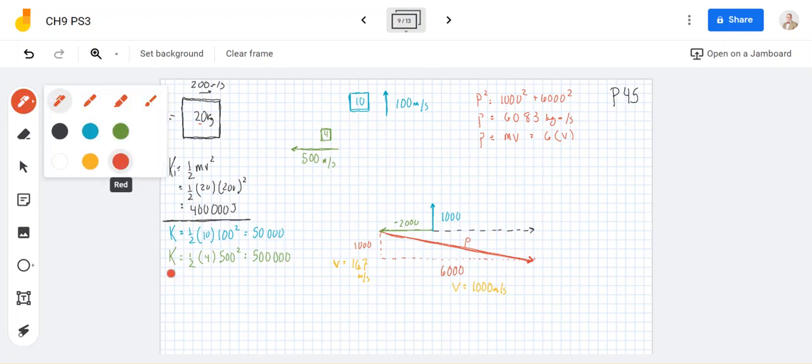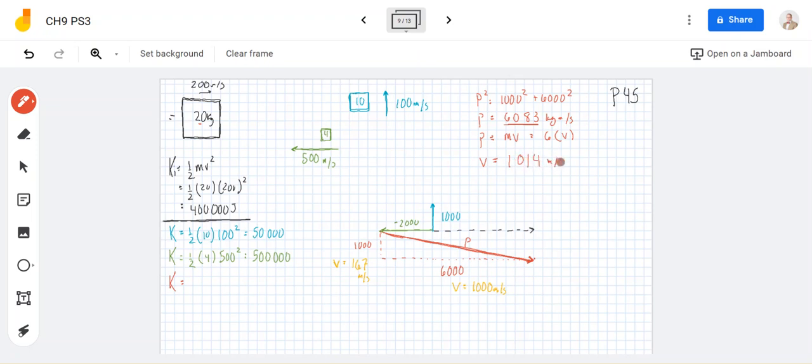And then what about the red one? Well, in order to get the red one, I actually need to figure out what the speed is in this direction. Now, I know the momentum in that direction, so if I divide that by 6, the speed is 1014 meters per second. So I have 1/2, the mass is, what did we decide the mass was? 6, times 1014 squared. Okay, I'm going to put that in the calculator.